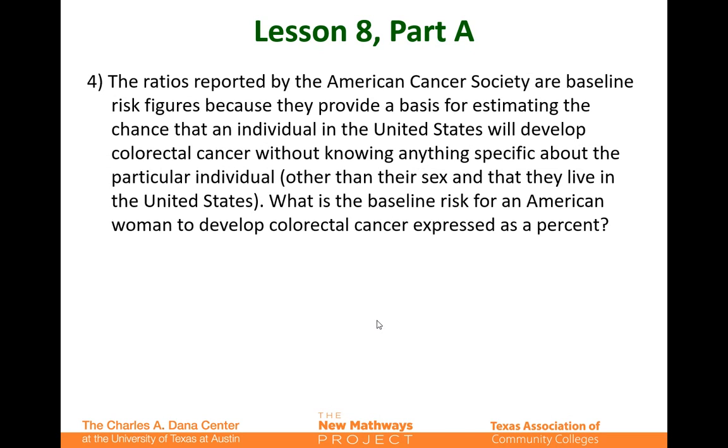In other words, they don't factor in, are they overweight? What are their lifestyle choices like? Do they have hypertension or diabetes? All of those things might impact. But if you just look at Americans as a whole and you just divide them into two broad categories, the risk for men is 1 out of 20.